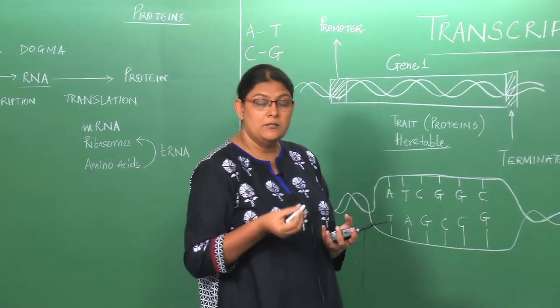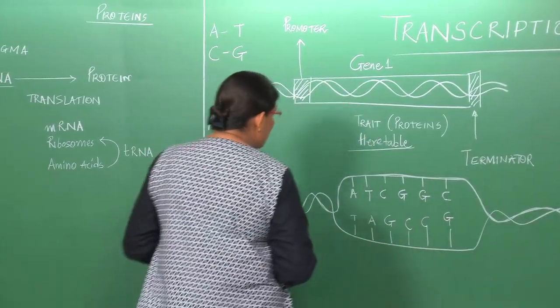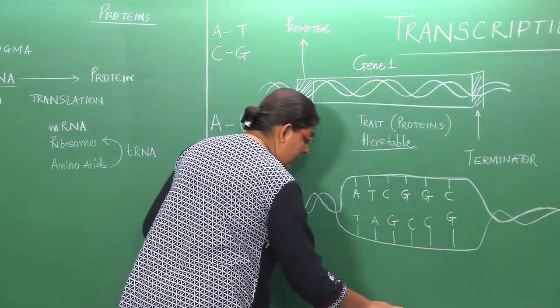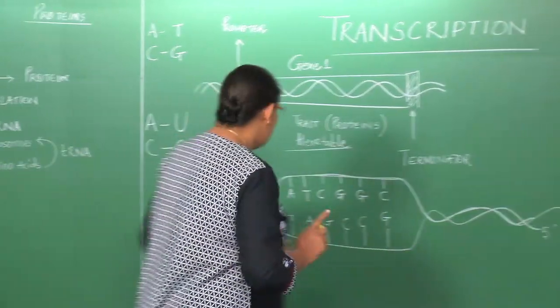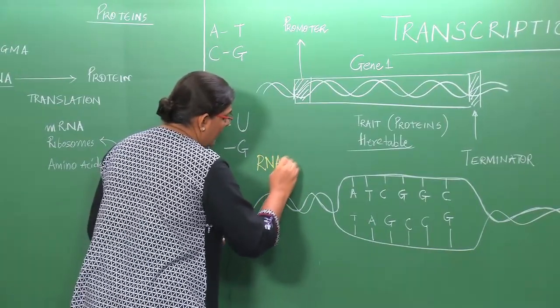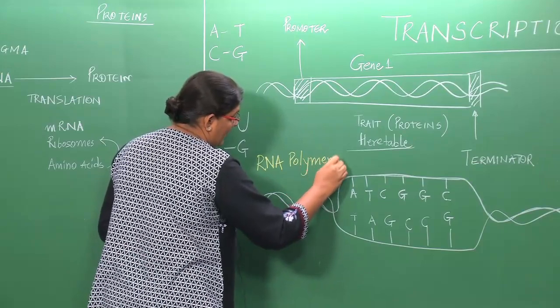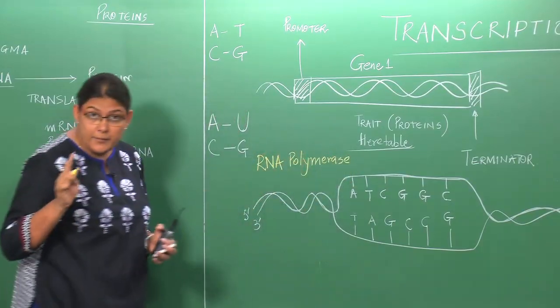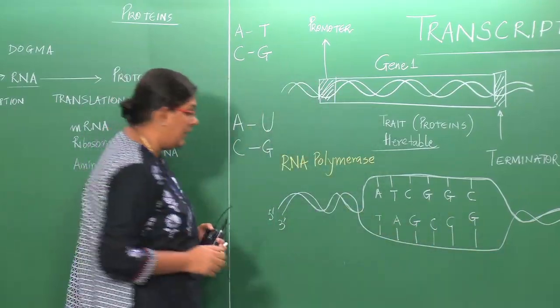The enzyme is like the pen which is going to copy it and write it down. Now, that enzyme in case of transcription is similar, but not exactly the same. It is called RNA polymerase. Now, just like DNA polymerase, it needs a template to read, that is the first thing.